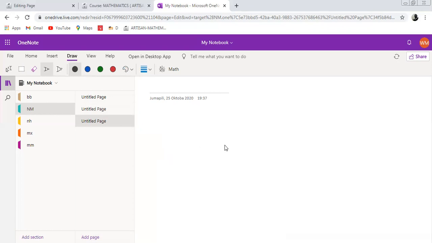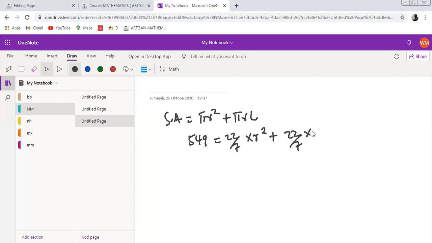One thing you need to understand is that the surface area is given by pi r squared plus pi r l. In this case, we are told that the surface area, 549, should be equal to 22 over 7 times the radius, which we don't know, squared, plus 22 over 7 times the radius, which we don't know, times 13.